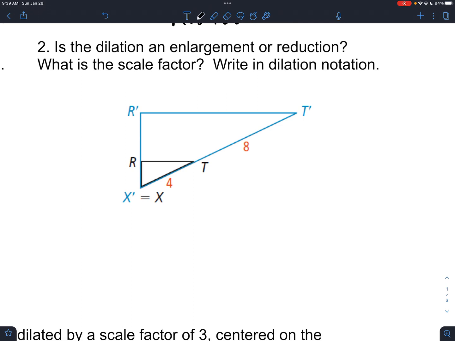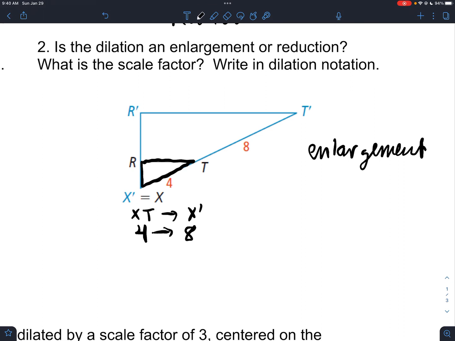But here we have something a little different. We have the pre-image here, okay? And then the image, of course, is a bigger triangle. So we have to believe that this was an enlargement. We see the image is much larger. Now this is a little tricky. The 4 actually does not go to 8 because we're talking about how XT became X prime T prime.